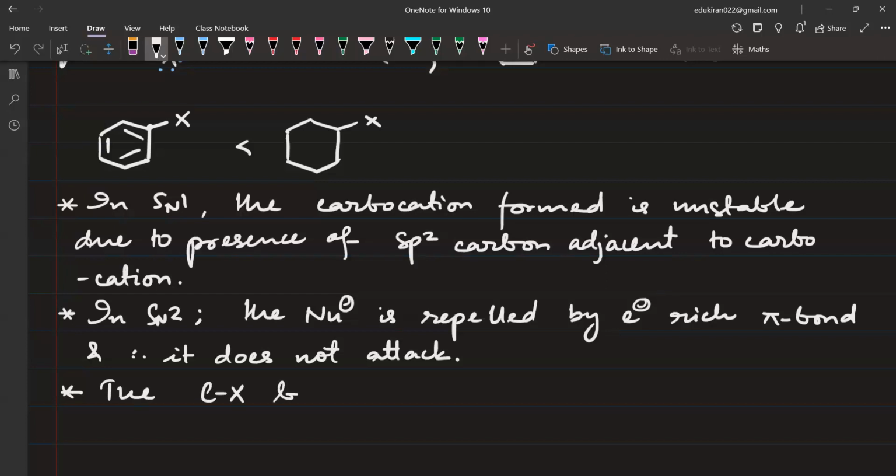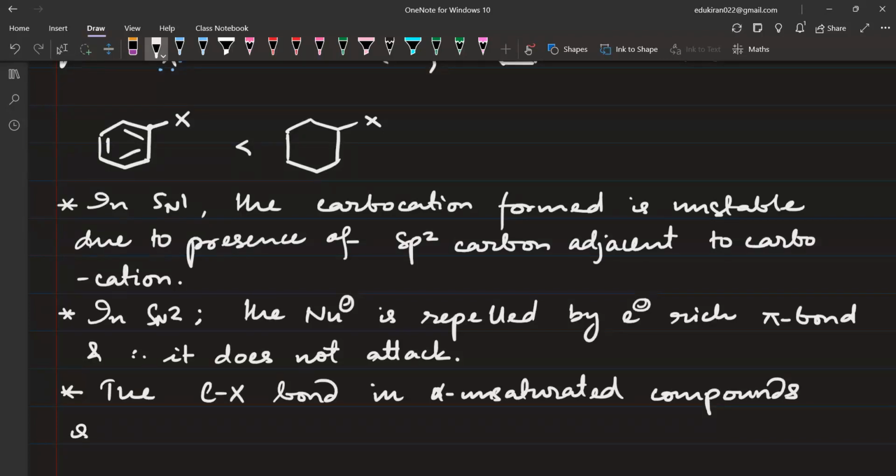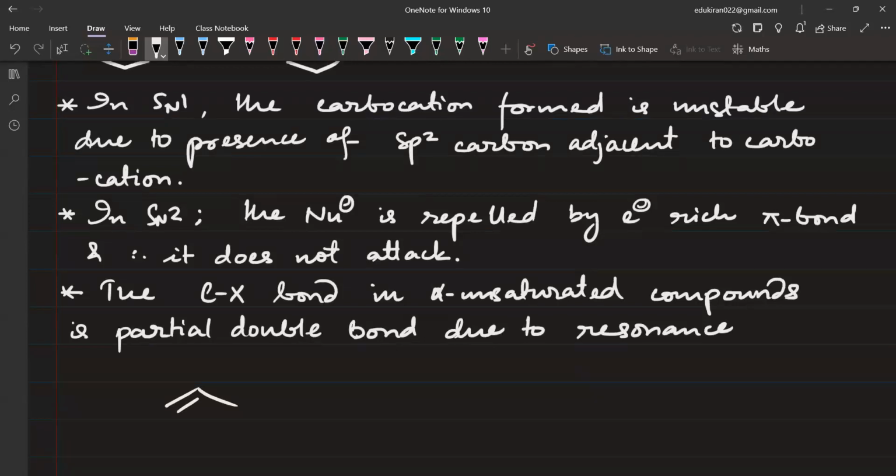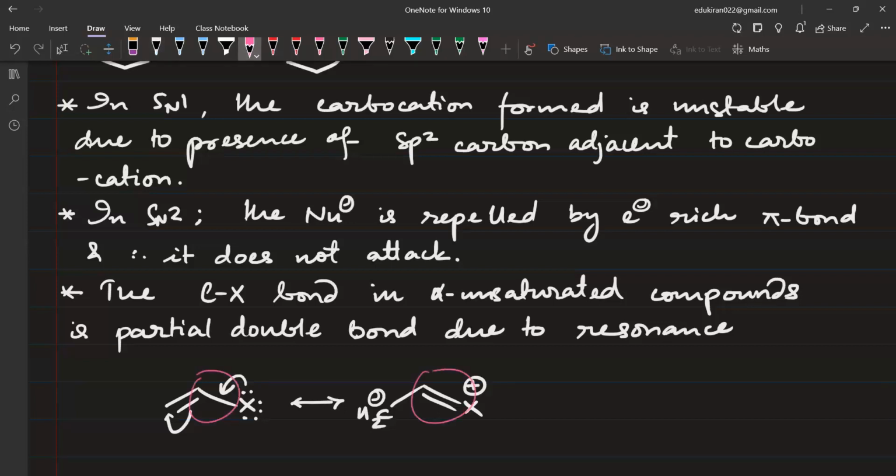The CX bond in alpha unsaturated compounds is partial double bond due to resonance. ठीक है, सोचिए. ठीक है, so this bond here, it is having partial double bond character because एक resonating structure में it is having a double bond. Please write these 3 points. Raise your hand once you're done.